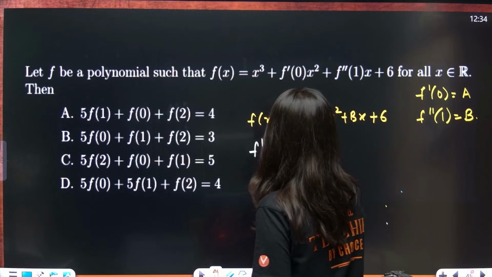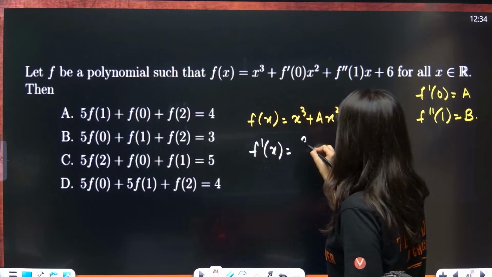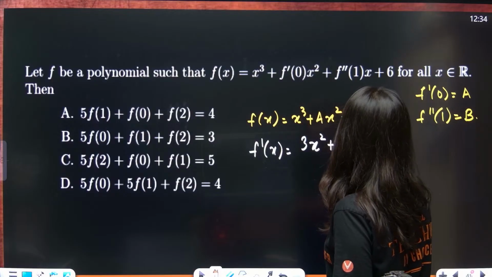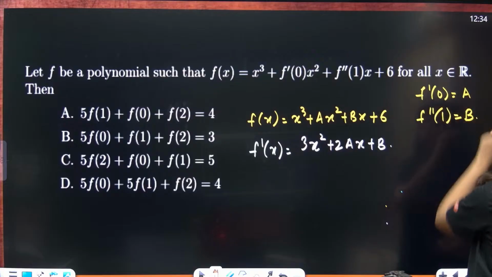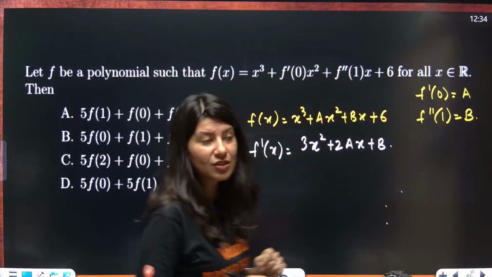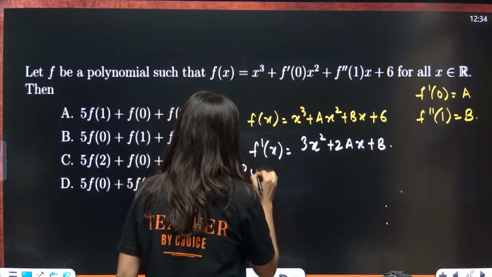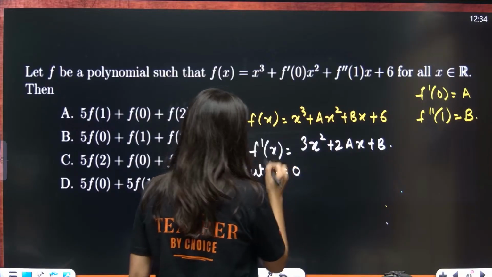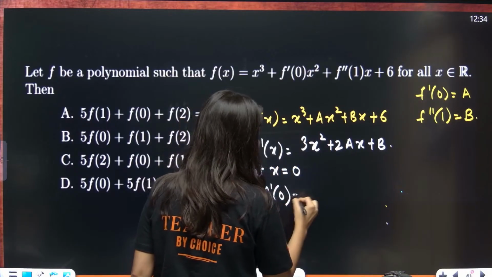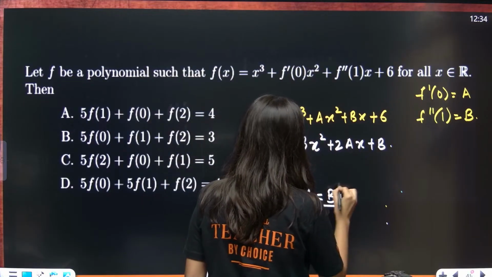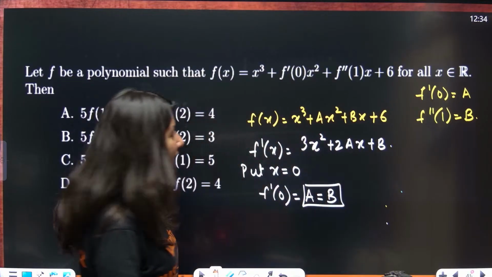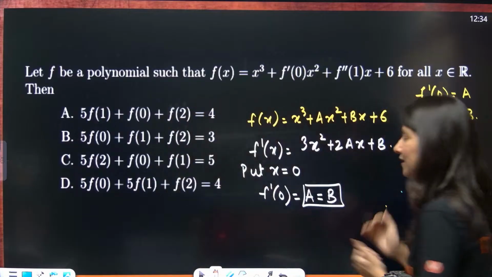F dash x is 3x square plus 2ax plus b. Now f dash 0, put x equal to 0. So f dash 0, which is nothing but b. A and b are equal. Oh, a and b are equal. So that's good news.